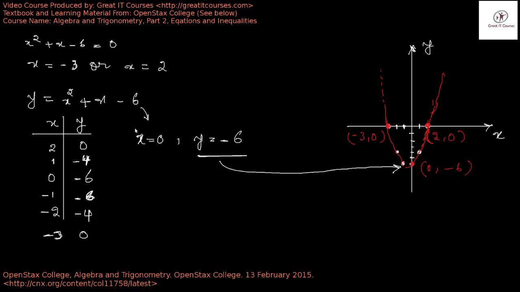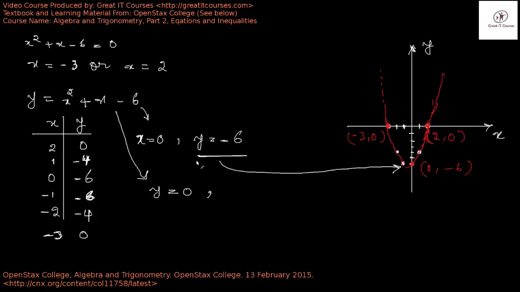And as you can see, when I equated x is equal to 0, I found the y-intercept of the function. Now by the same logic, if I equate y is equal to 0, I'm essentially finding the x-intercept.